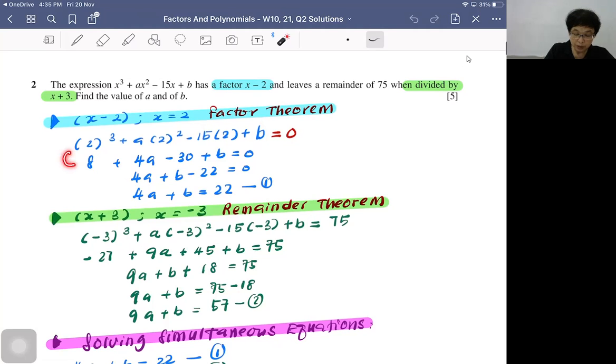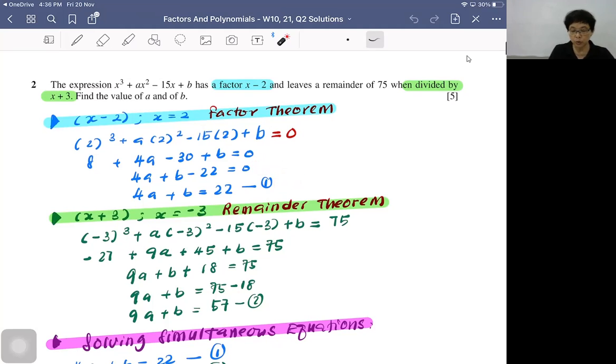Once you simplify this and gather the like terms, you conclude with one of the equations: 4a plus b equals 22. You can put the equation in this format, or you can put it in that format.